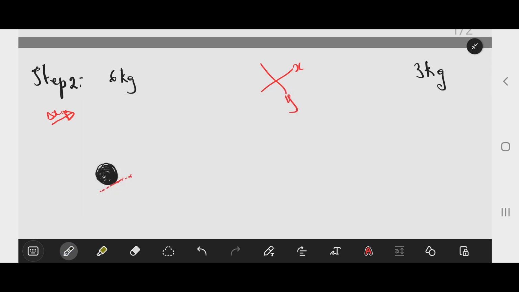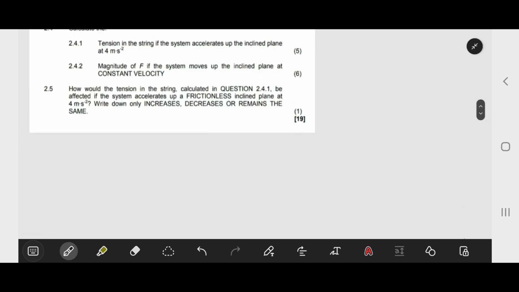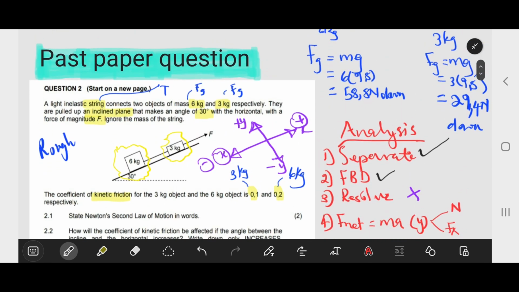I'm just including it so that we make sure that our normal force is perpendicular to the surface and the friction is opposite to the direction, right? Because as you can see, the objects are being pulled up the incline, right? And this means that if there's any friction, it will act down the incline.